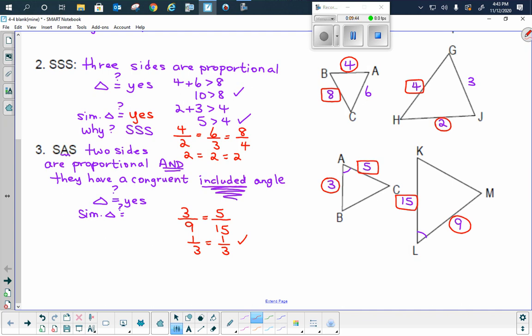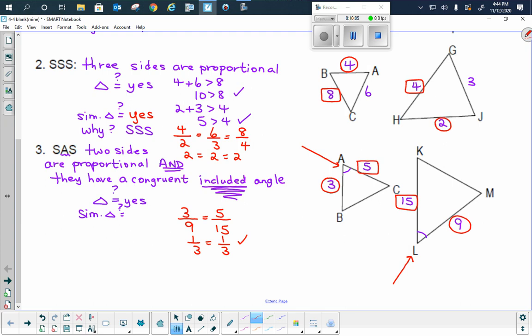So that's 2 sides are proportional, but now we have this "and" statement: and they have an included angle. So notice this angle is included between the 2 sides that are labeled. This angle L is the angle between the two sides that are included.